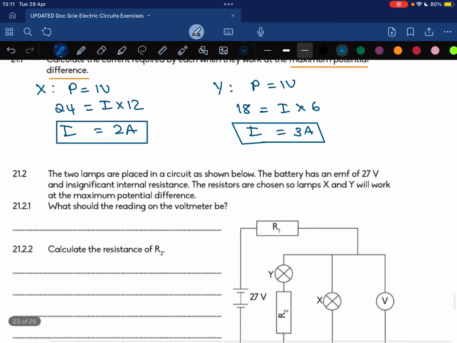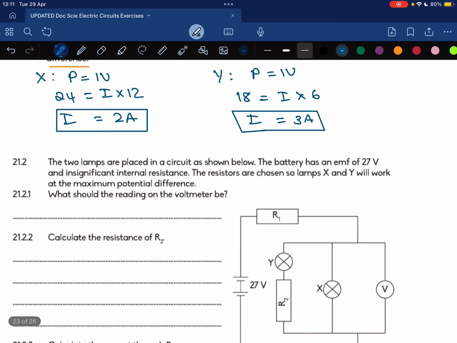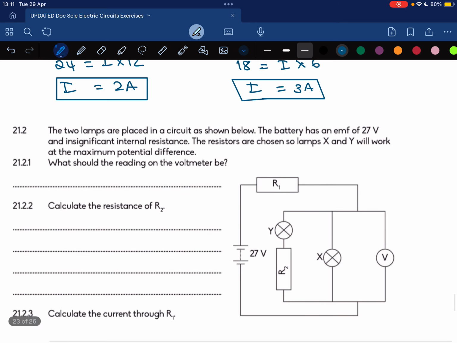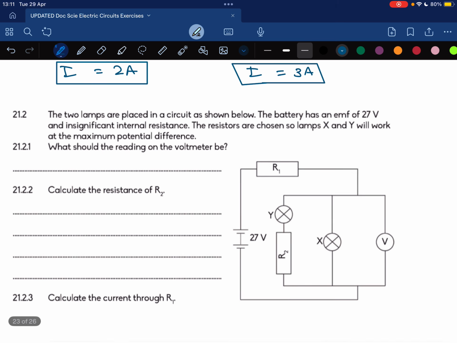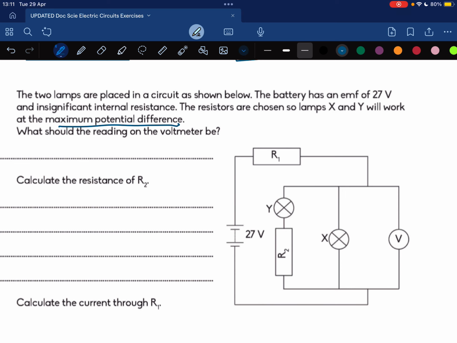Then it says the two lamps are placed in the circuit as shown, with the battery having an EMF of 27 volts and insignificant internal resistance. The resistors are chosen so X and Y will work at maximum potential difference. What would the reading on the voltmeter V be?